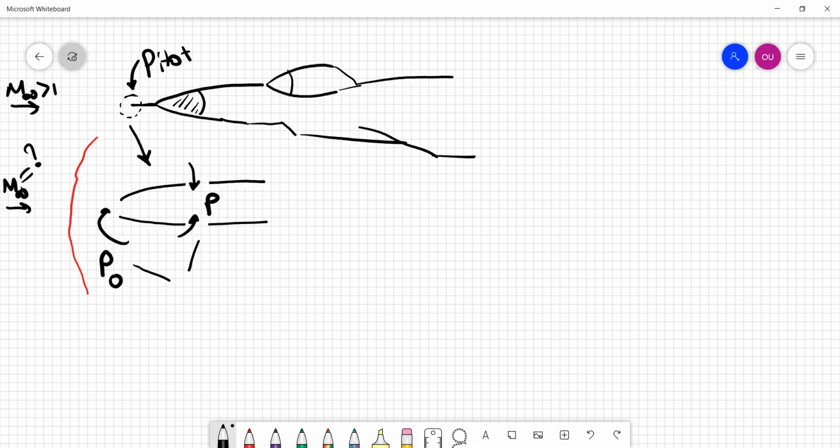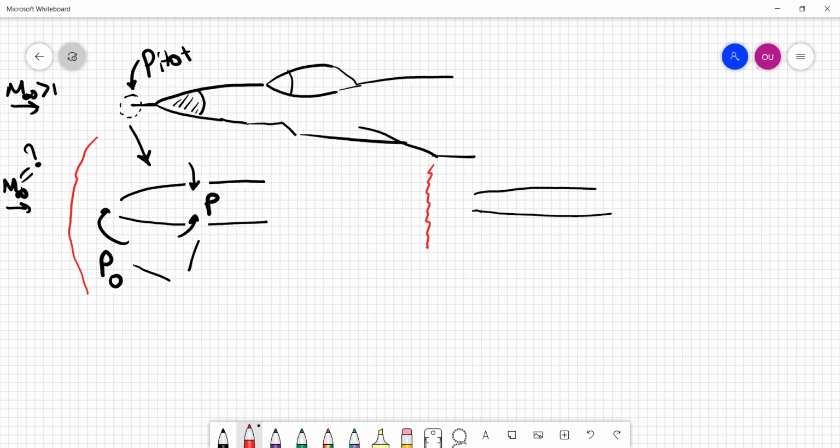So the flow is coming with no angle of attack towards the pitot tube. We will assume that the shock wave just in front of the pitot tube is a normal shock wave. We simplify this problem as if we have a normal shock wave right in front of it.